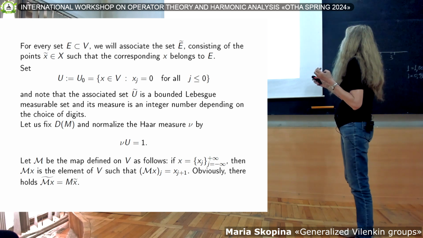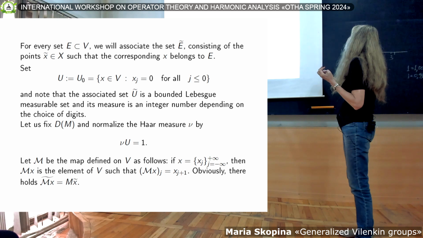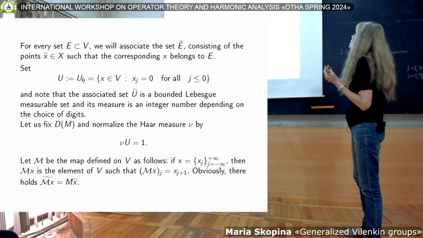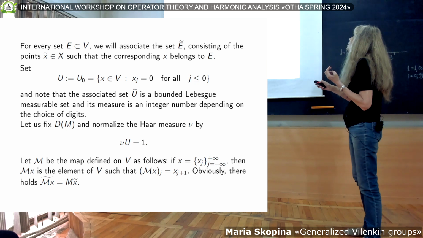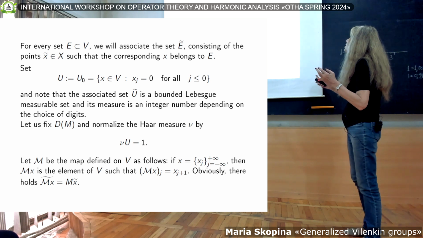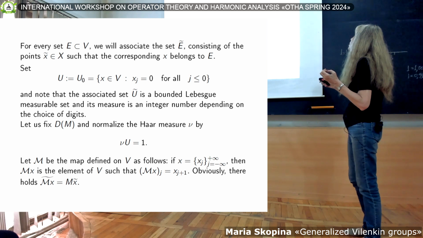If E is a set, we can associate to such a set the corresponding set E tilde consisting of x tilde such that the corresponding x belongs to E. In particular, the analog of the unit interval [0, 1] is this one, U. And this is the corresponding U tilde in the Euclidean space, bounded.